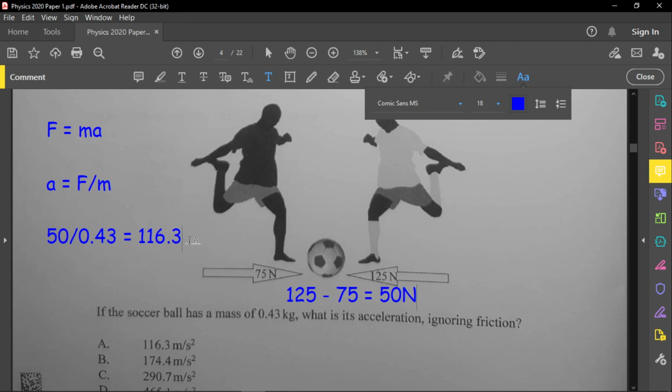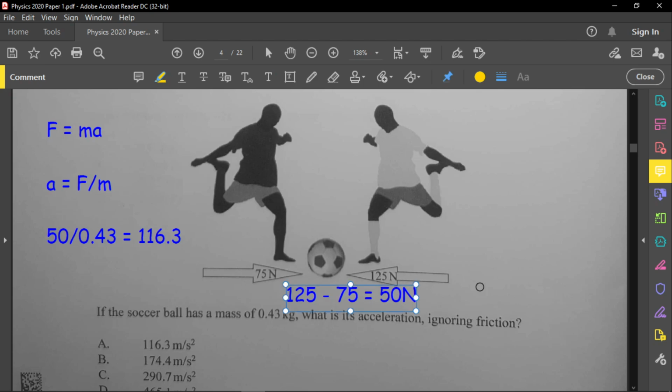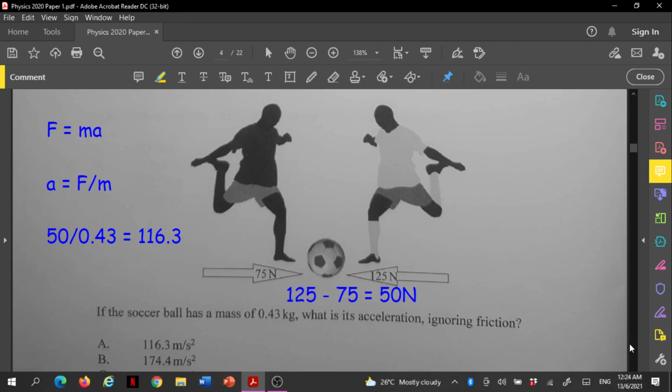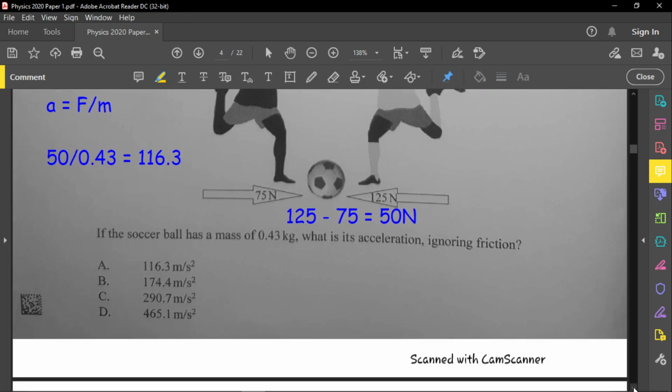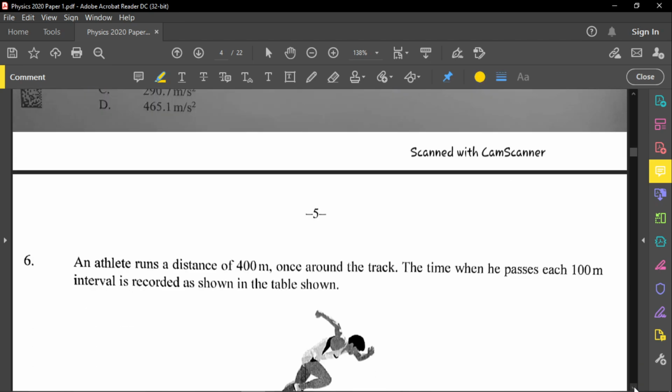Okay, so the acceleration for the ball here is 116.3 meters per second squared. So option A will be our correct answer. All right, great. Now let's jump to the next question.